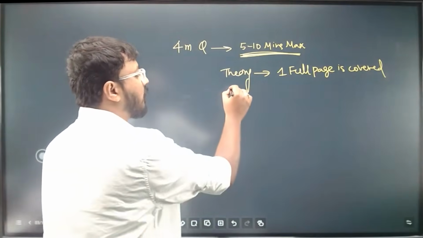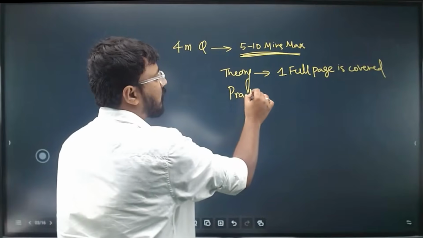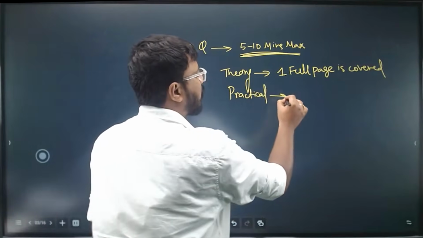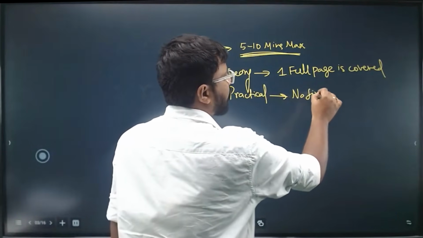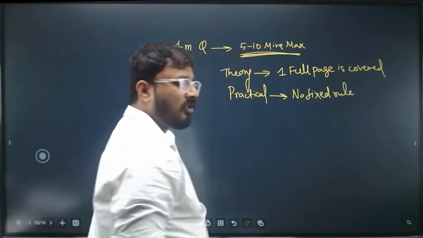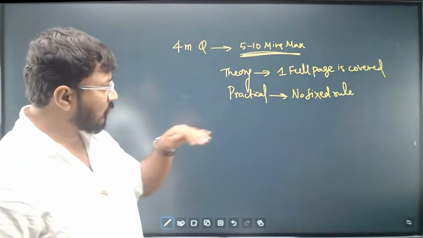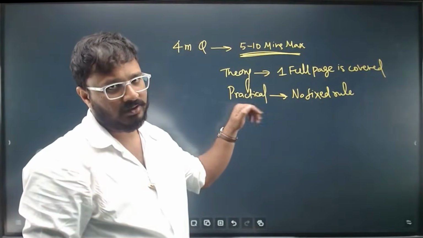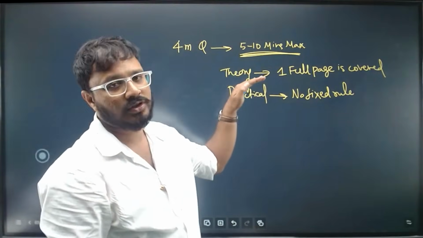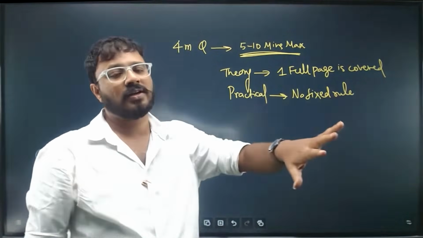If it is a practical question, a problem question, there is no fixed rule here. It depends on your calculation. It might take a full page, it might take a half page. It depends. So there is no fixed rule for practical questions. But when it comes to theory questions, you need to make sure that you're at least covering a full page.